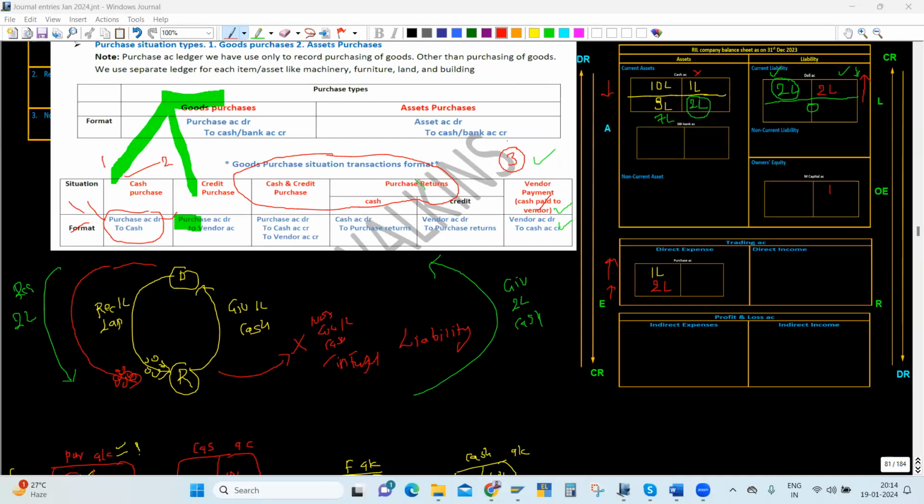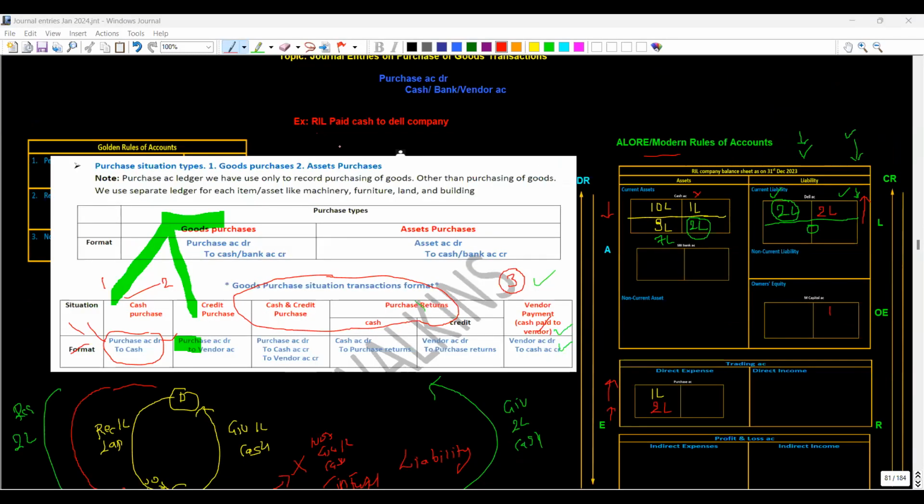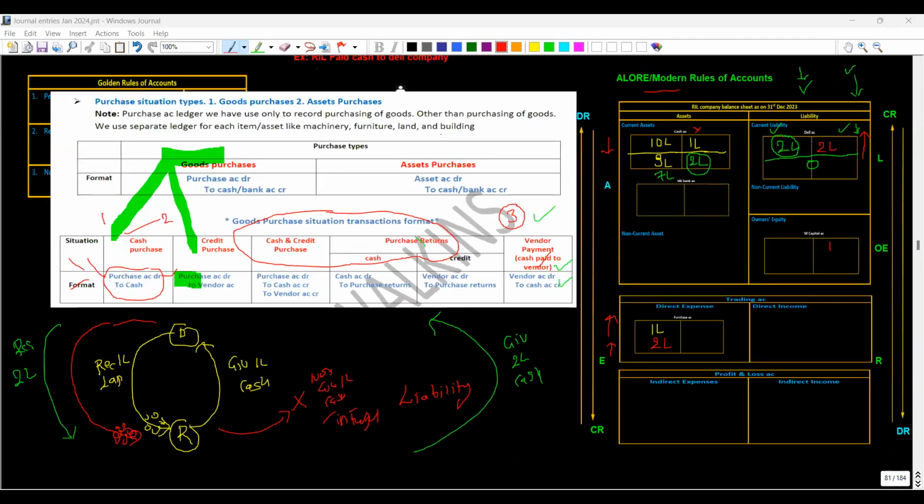So I'm continuing the journal entries related to purchase of goods. In that, I already told you situations 1, 2 and 3.